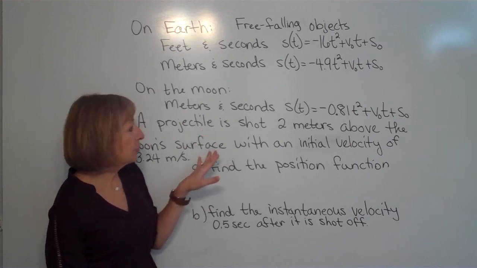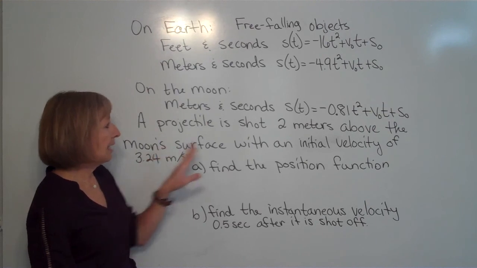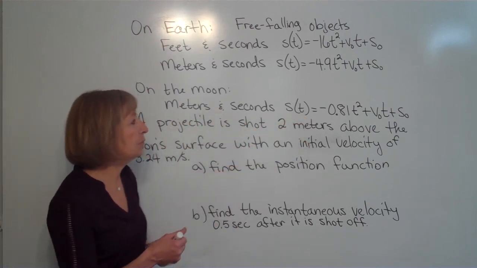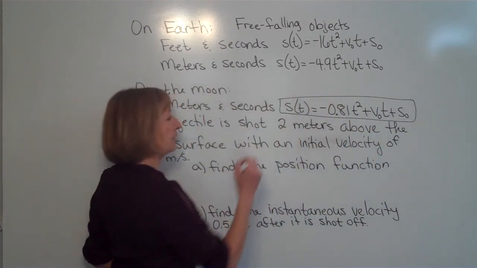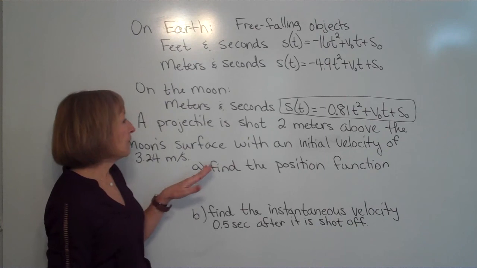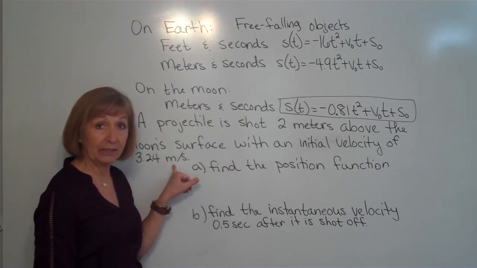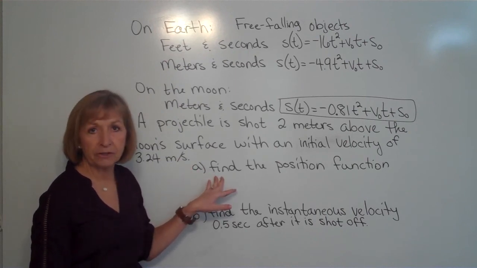A projectile is shot 2 meters above the moon's surface, in meters, so it's going to be this position function format that we're going to use, with an initial velocity of 3.24 meters per second. And the first one says find the position function.